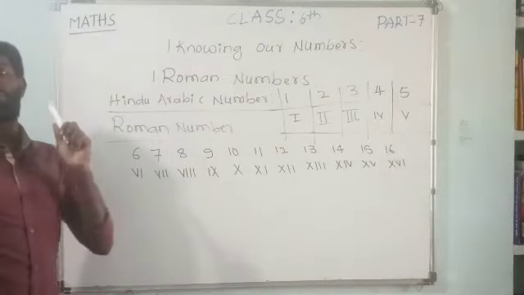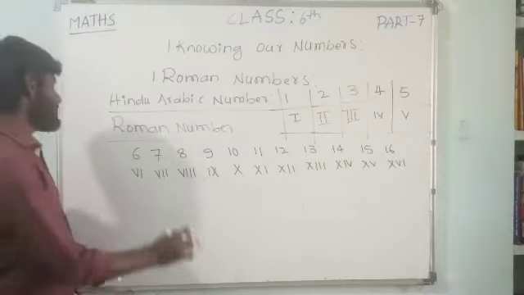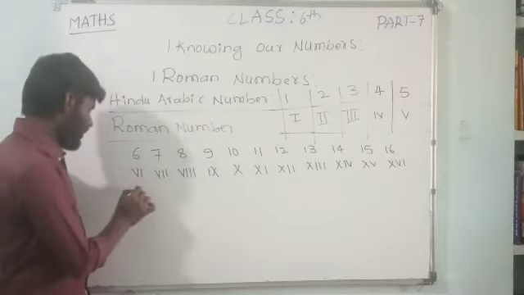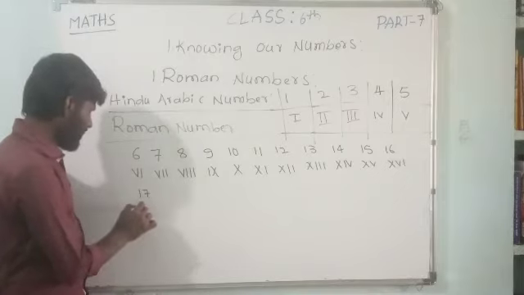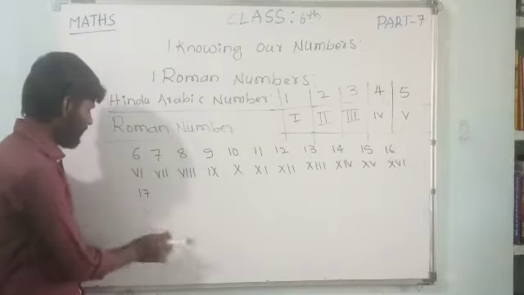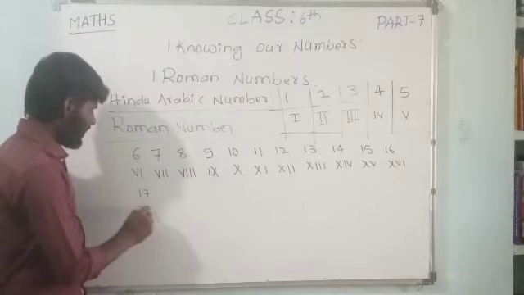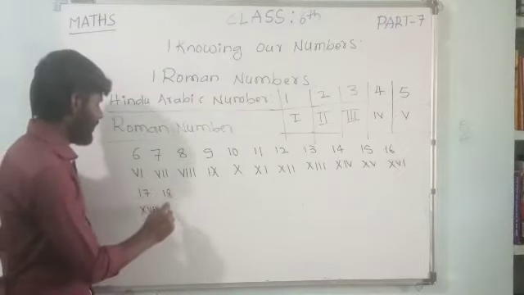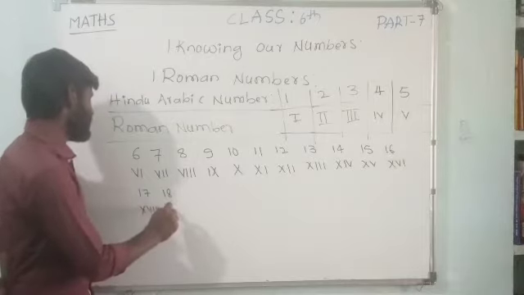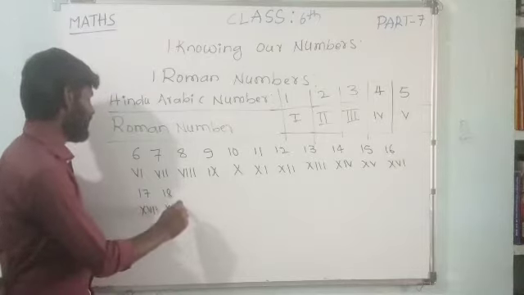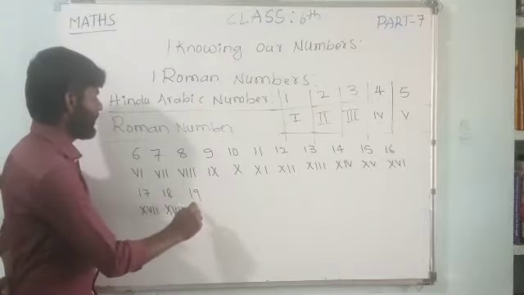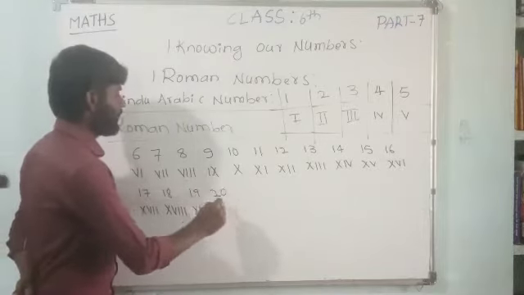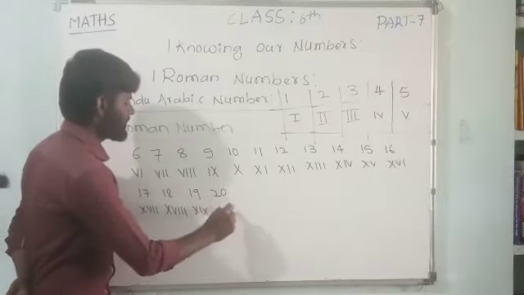Then 17 we can represent like XVII. For the 18, XVIII. Then 19, XIX. For the 20, we can represent as XX.